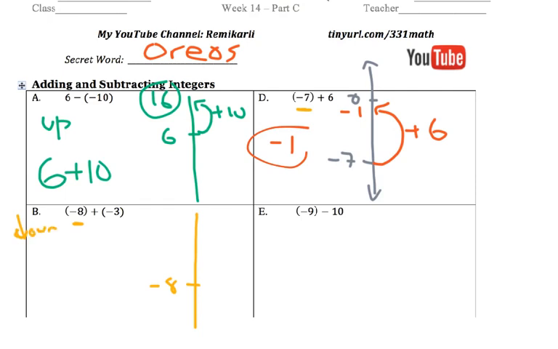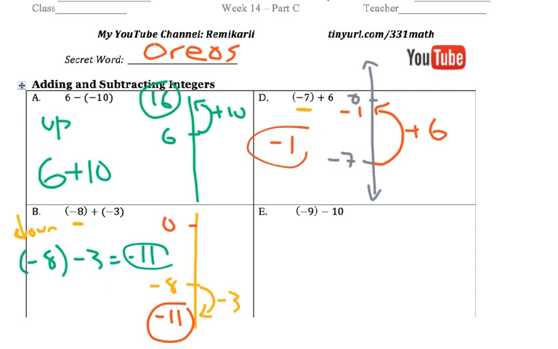So from negative 8, if I were to go down 3, it helps for me to just remember that 0 is up over here, so when we go down, it's like we're going deeper below 0, so the answer should be negative 11, and if you want to get fancy, we could have rewritten this as negative 8 minus 3 is equal to negative 11.